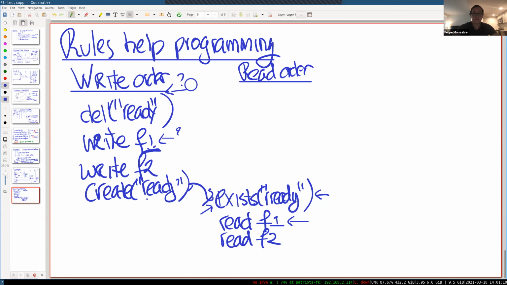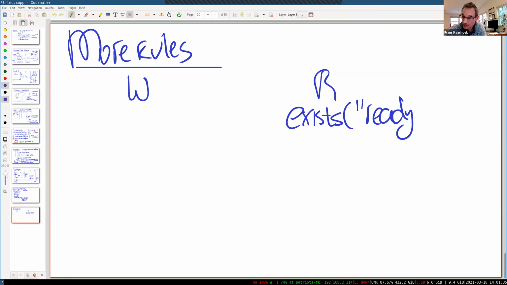I think the case you're worried about is, here's our reader again, here's our writer again, and the reader calls exists on ready. And let's assume the file is there, and it does a read of F1. So almost the same as in the previous scenario. And now there's some change in leadership.